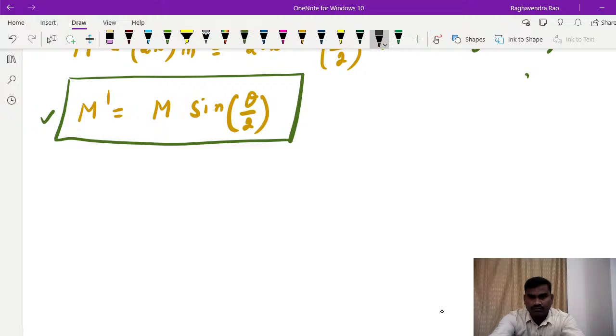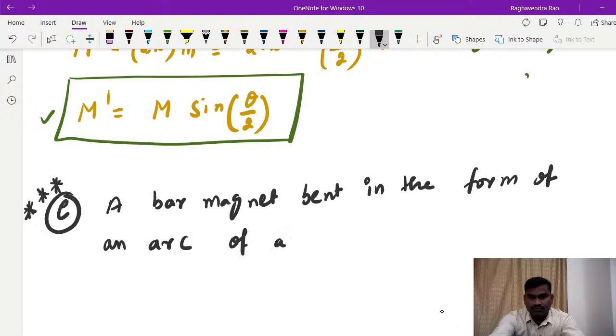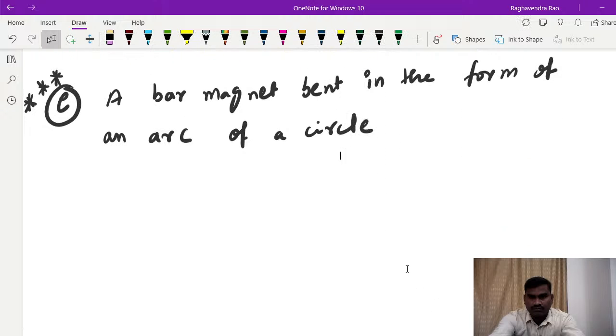Next case. This is a very important case. A bar magnet bent in the form of an arc of a circle.